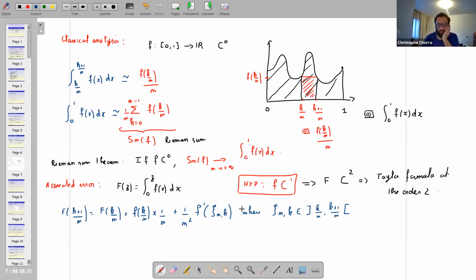Of course I have all these relations for k equal to 0 to n minus 1. Here you have the integral between 0 and k plus 1 over n, and here the integral between 0 and k over n. If you take the difference of these two terms, you obtain exactly this integral.